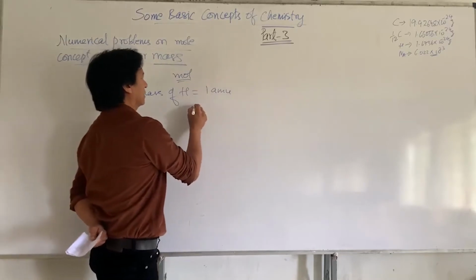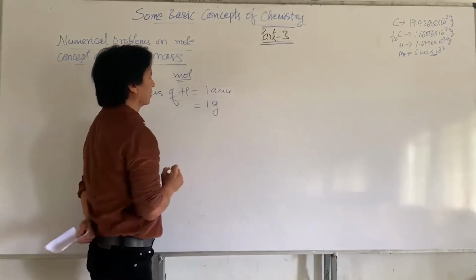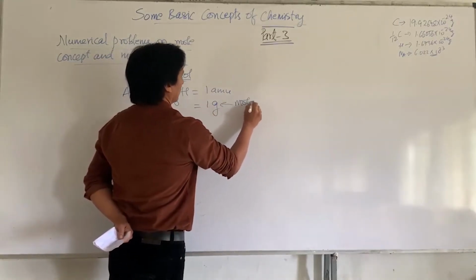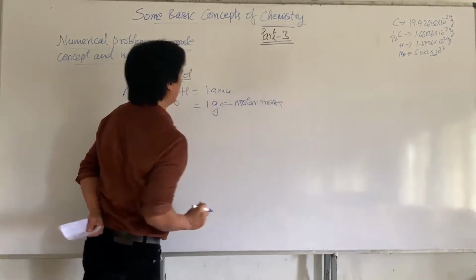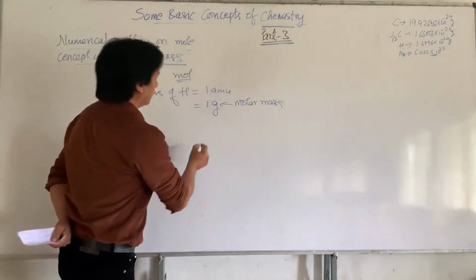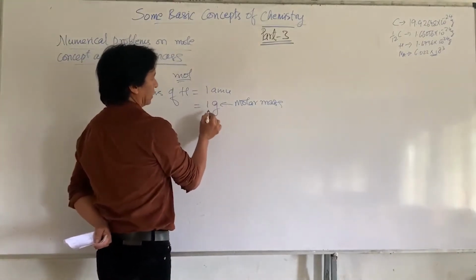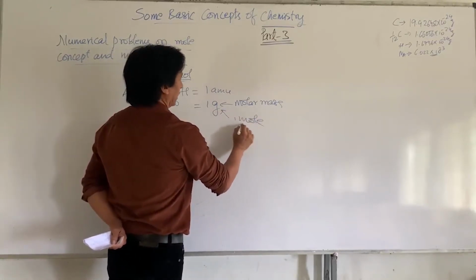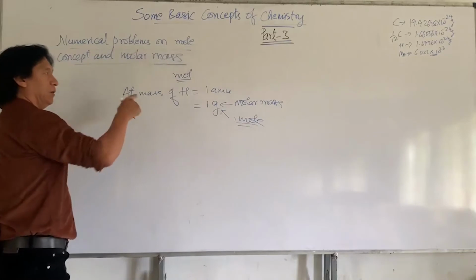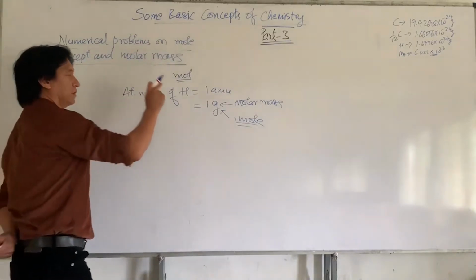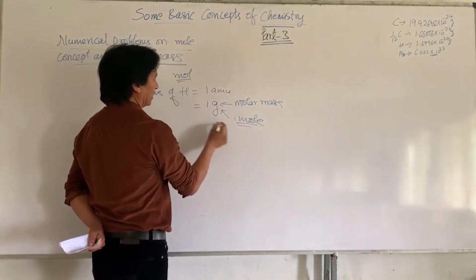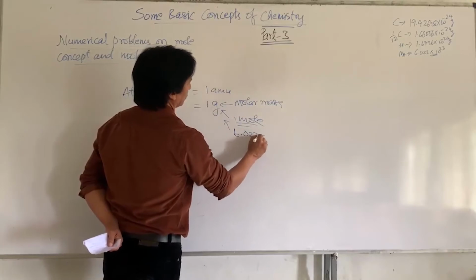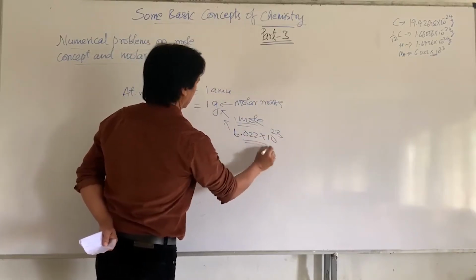Now when you express this in terms of grams, it becomes the molar mass of hydrogen atoms. And this molar mass, 1 gram of hydrogen atoms, is called 1 mole. And then the number of atoms of hydrogen in 1 mole of hydrogen atoms is again 6.022 × 10^23.